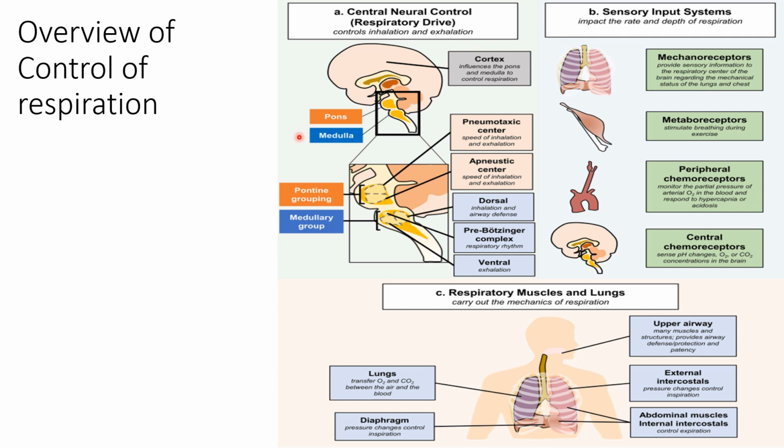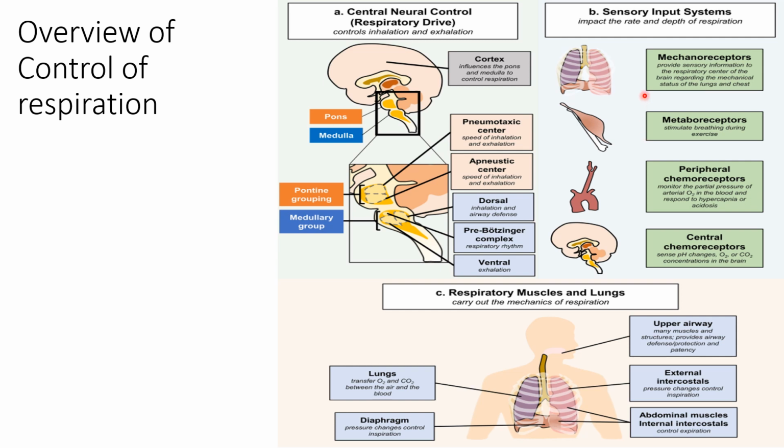There is the pons and the medulla. In the pons, the medulla and the cortex, there are different areas which can sense changes in the carbon dioxide partial pressure, oxygen partial pressure, and the H plus ion of the blood. Not only that, they can sense changes in muscle length and the position of the joints also.